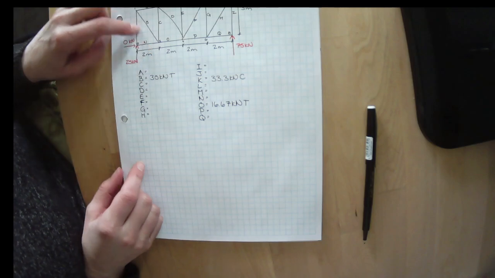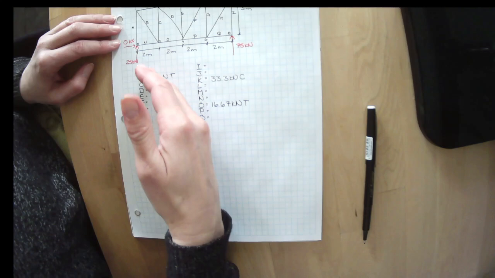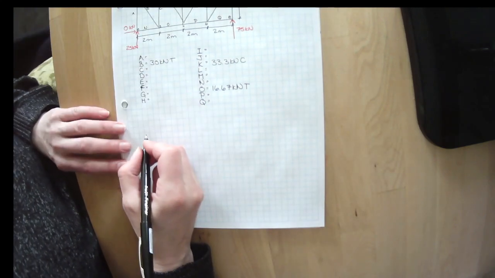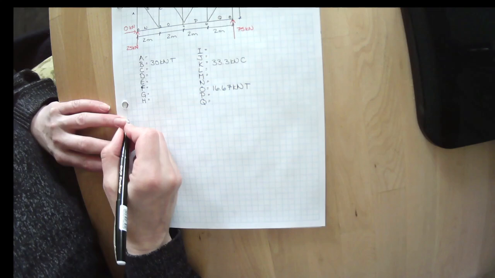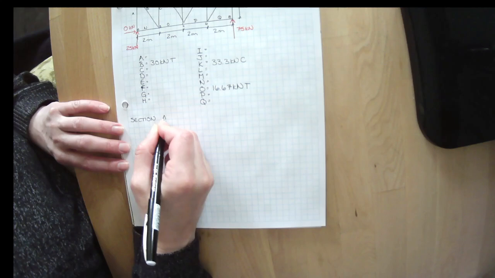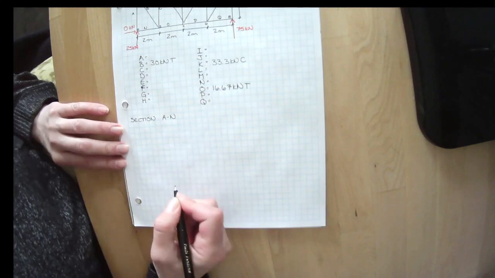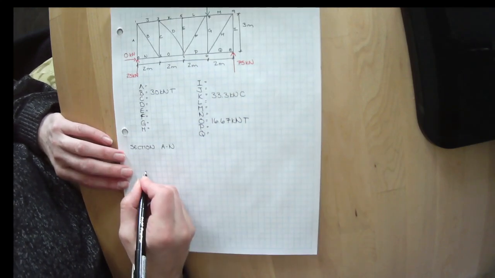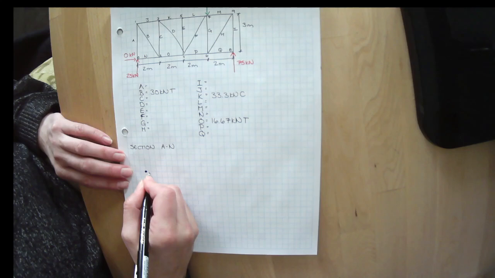So let's start with our very first section, and I am going to make a section cut through A and N. I'm going to draw a section through that line right there. What I'm saying is that I'm keeping this point right here, which we've called 0.